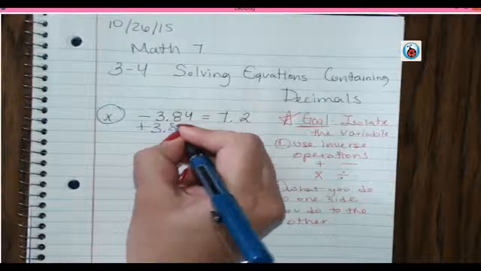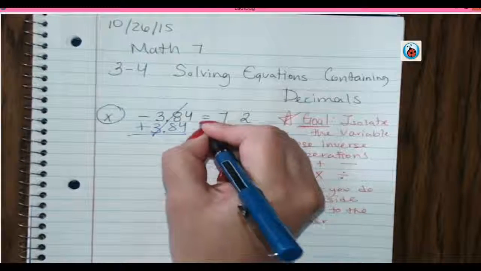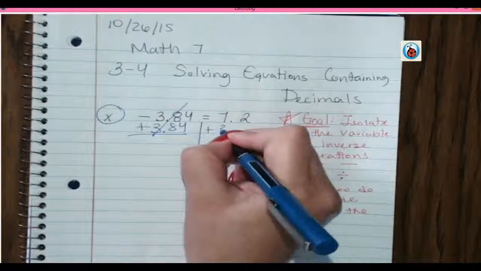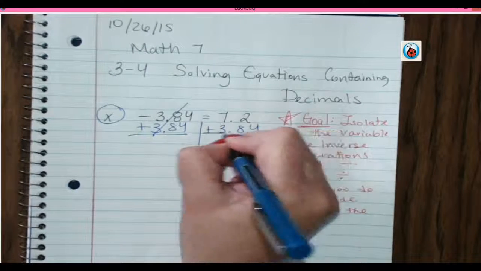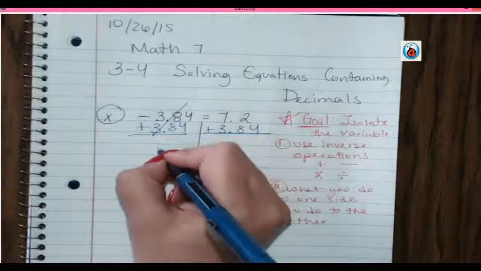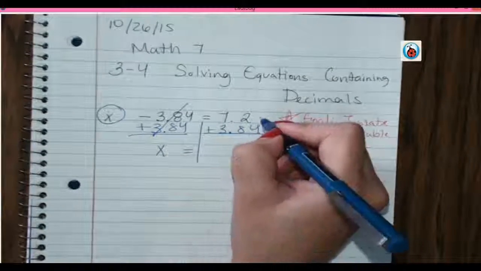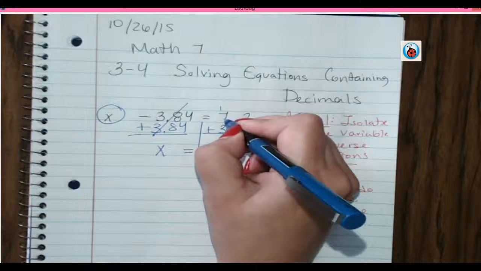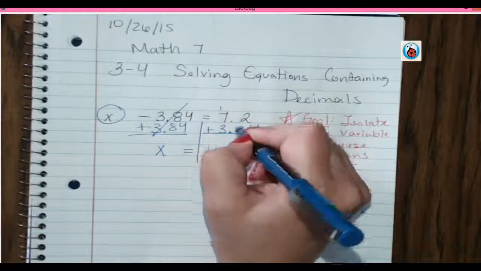Plus 3.84. What you do to one side of the equal sign, you do to the other. So plus 3.84. When we're adding decimals, we line up the decimals. So x is equal to 0 plus 4, 4, 8 plus 2, 10, 11.04.